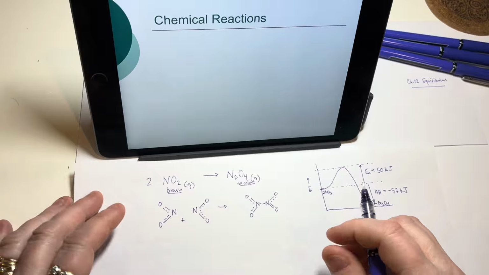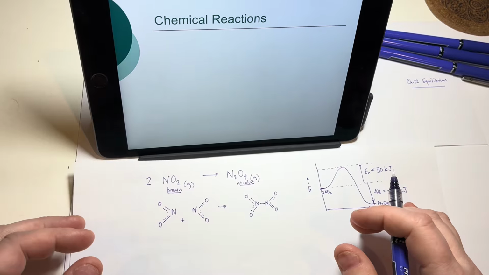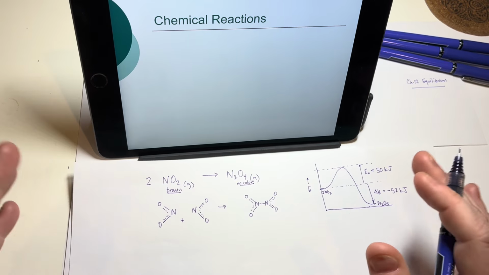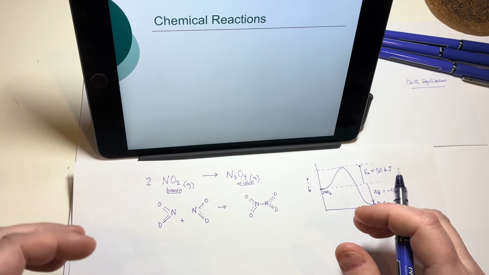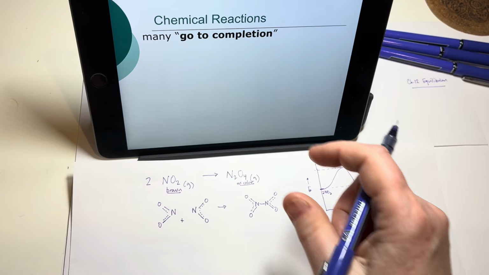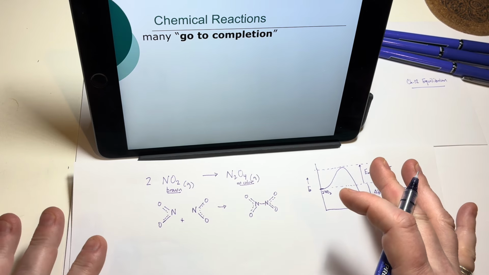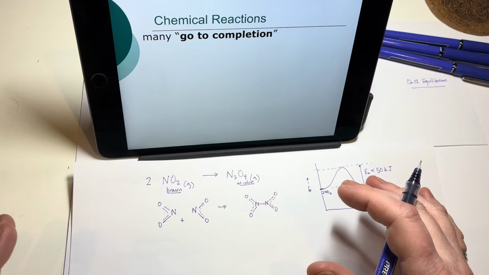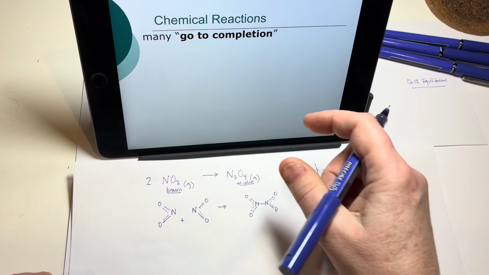Okay, sorry. All right, we are now ready to begin our next chapter, chapter 12. So let's talk about chemical reactions. We know from last semester's chemistry and so far this semester that many chemical reactions go to completion.